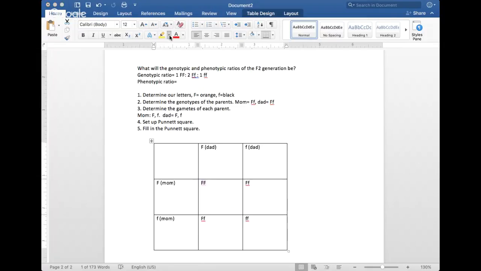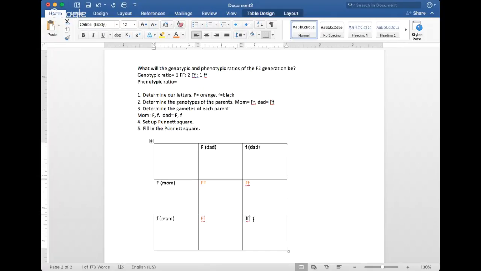Okay, so this one is going to be orange. This one also has one of those dominant alleles, so that one's going to be orange. This one has one of the dominant alleles, so that's going to be orange. And this one has both recessive, which means it's going to be black.